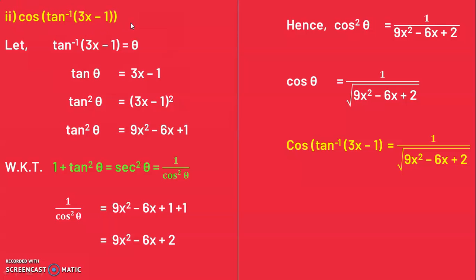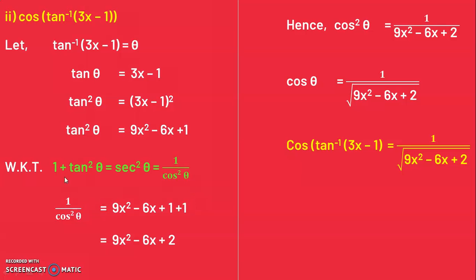So your cos of tan inverse of 3x minus 1 is equal to 1 divided by the square root of 9x squared minus 6x plus 2. What we have already done is we assumed tan inverse of 3x minus 1 as theta, found the tan theta value, and from this found tan squared theta. We applied the formula 1 plus tan squared theta is equal to secant squared theta, which is again equal to 1 by cos squared theta.